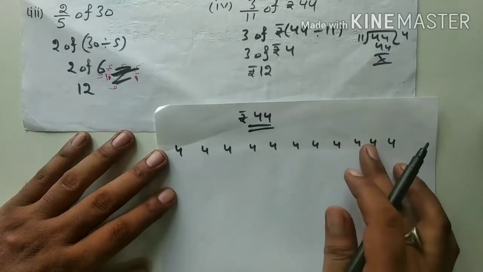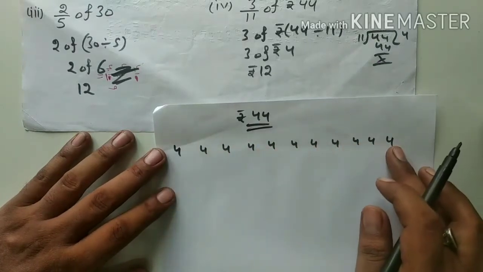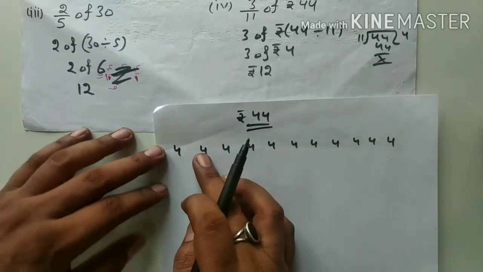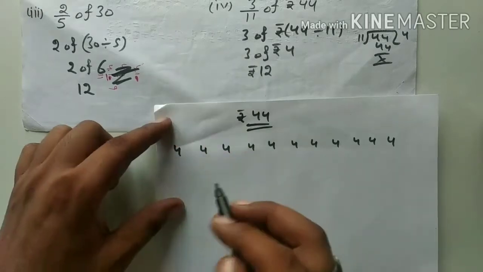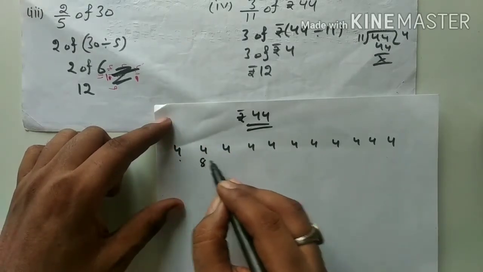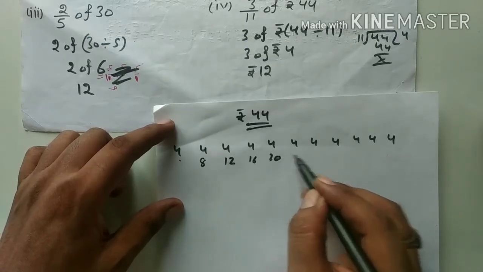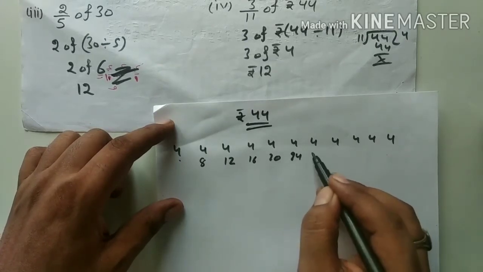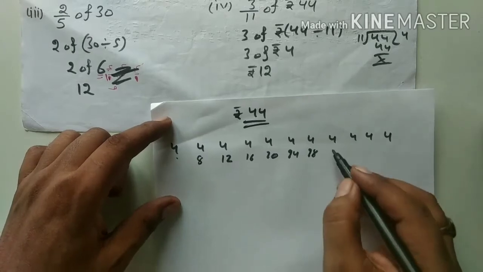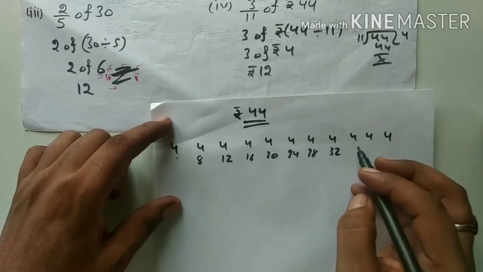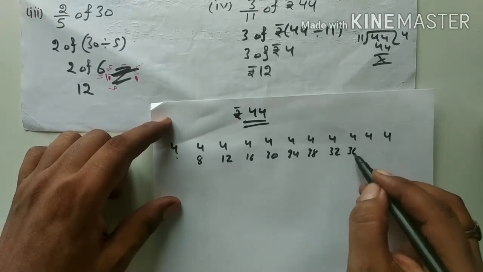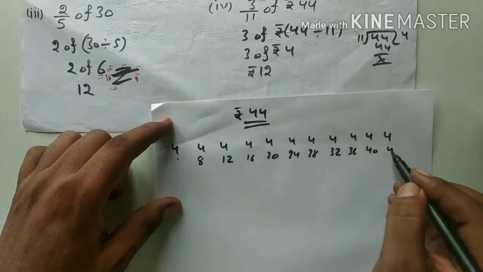Now if you add all these, then their sum will be 44. 4 plus 4, 8, 8 plus 4, 12, 12 plus 4, 16, 16 plus 4, 20, 20 plus 4, 24, 24 plus 4, 28, 28 plus 4, 32, 32 plus 4, 36, and 40 and 44.